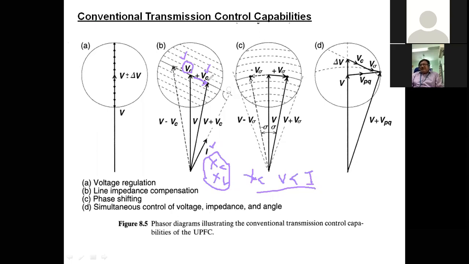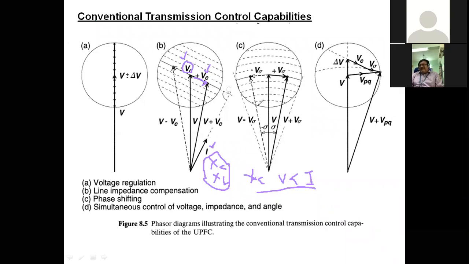So in that way, you can change the series compensation. Whatever we have discussed till now in series compensation: the series capacitor, GTO controlled series capacitor, thyristor controlled series capacitor, and thyristor switched series capacitor, that we have seen.